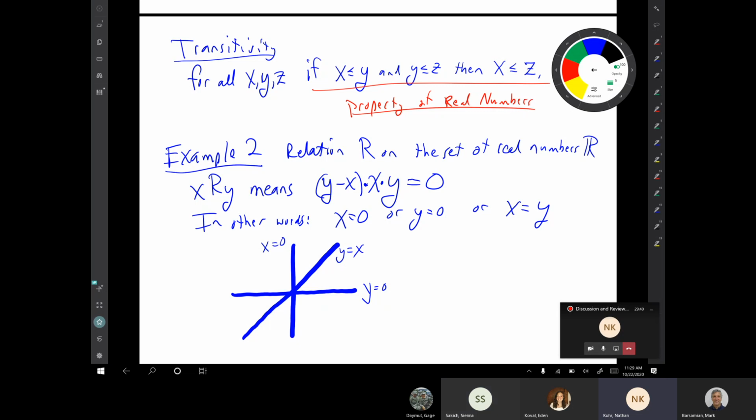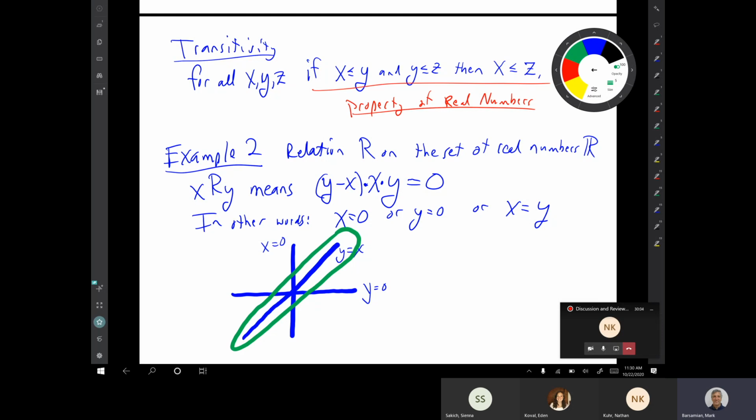Would it just be some point along the line x is equal to y, and since it's along that line, therefore it has to be true? Well, it's actually got to be this. The idea is that that entire diagonal is part of the graph.